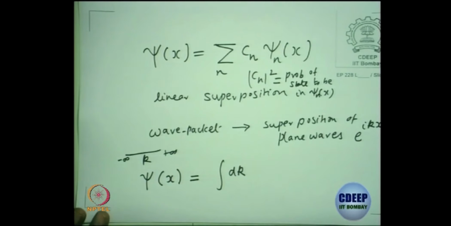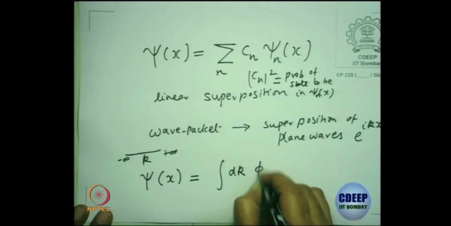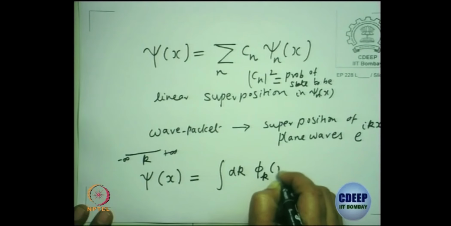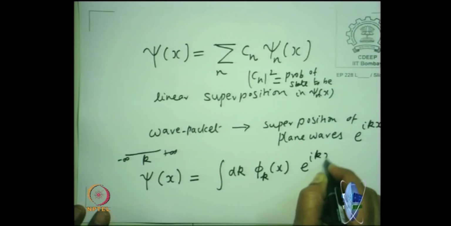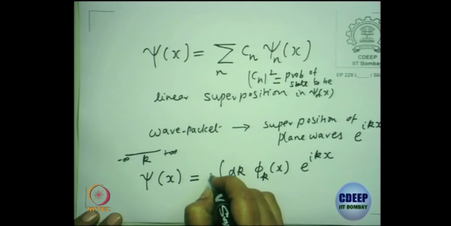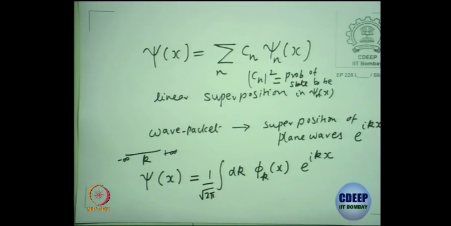This is what you would say. So similarly, I can put a probability factor times e to the ikx. Of course, there will be some normalization here. Some books follow 2 pi. I'll get back to that.